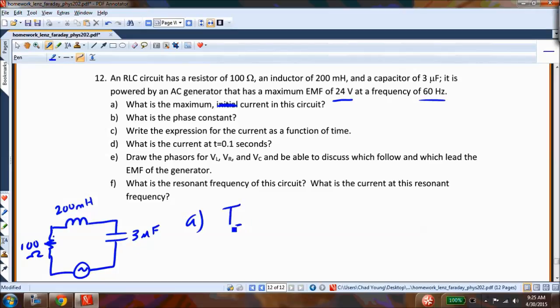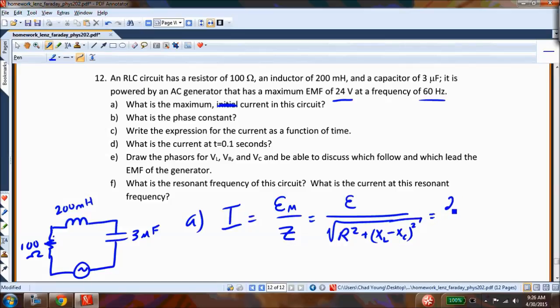So this current is going to equal the maximum EMF divided by the impedance. The impedance, remember, we got from combining our phasor vectors, is equal to the square root of R squared plus (XL minus XC) squared.